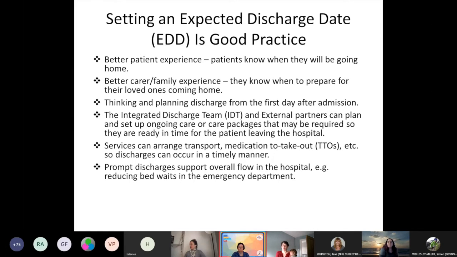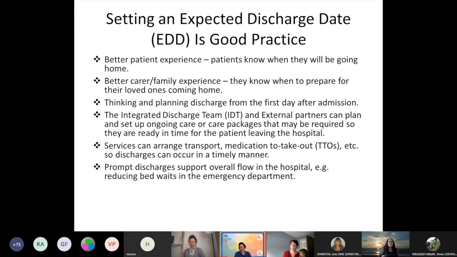It's also good because the integrated discharge team and external partners can plan and set up any ongoing care or care packages that may be required, so they're ready in time for the patient leaving the hospital, and there are no delays. There are other services that need to arrange transport for patients to go home. The pharmacy needs to set up medication to take out.